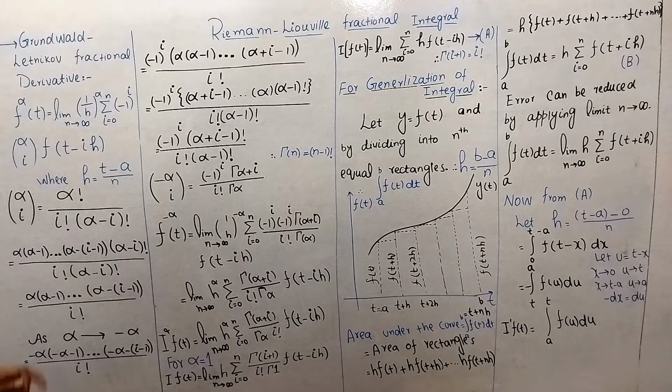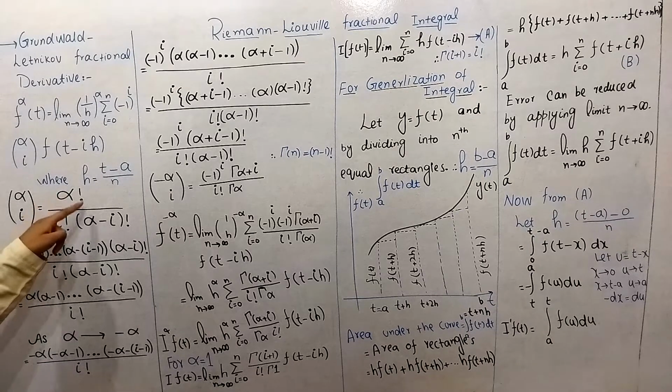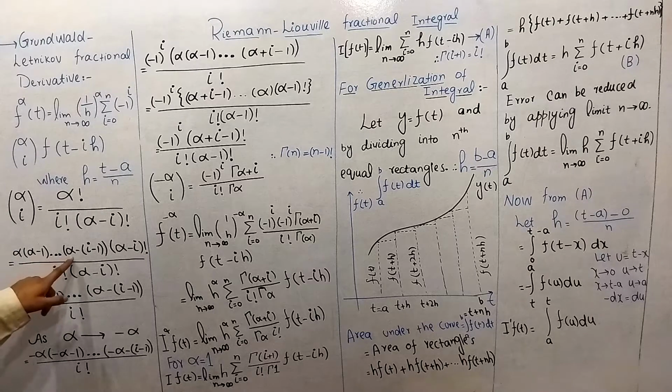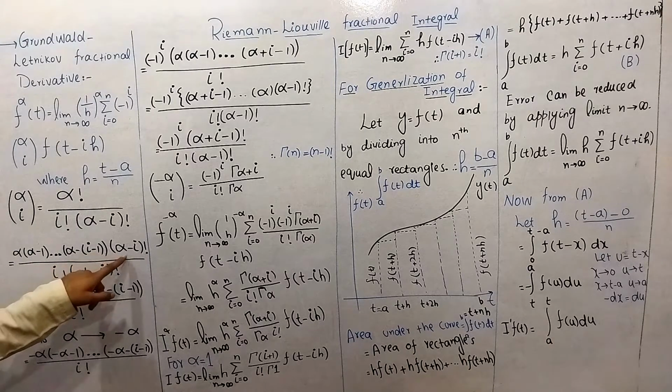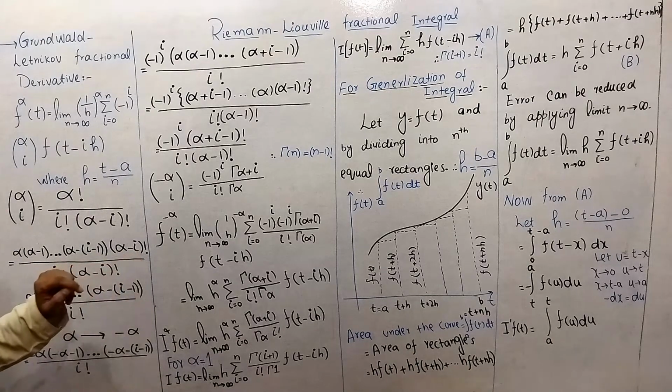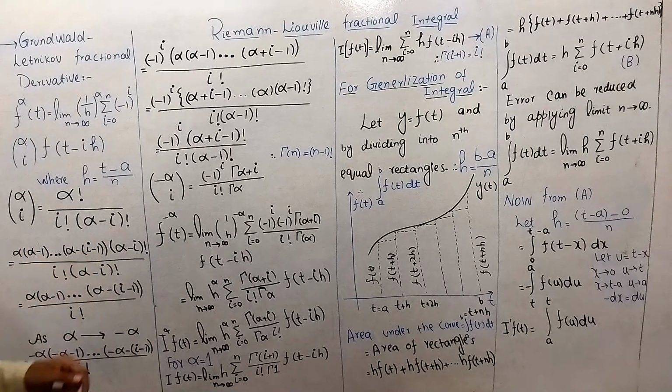By the definition of the combination of alpha and i, we can write it in the form of factorials, alpha factorial over i factorial into alpha minus i factorial. If we expand the alpha factorial, the result will be alpha, alpha minus 1, and so on, up to alpha minus i plus 1, and alpha minus i factorial, over alpha minus i factorial and i factorial.